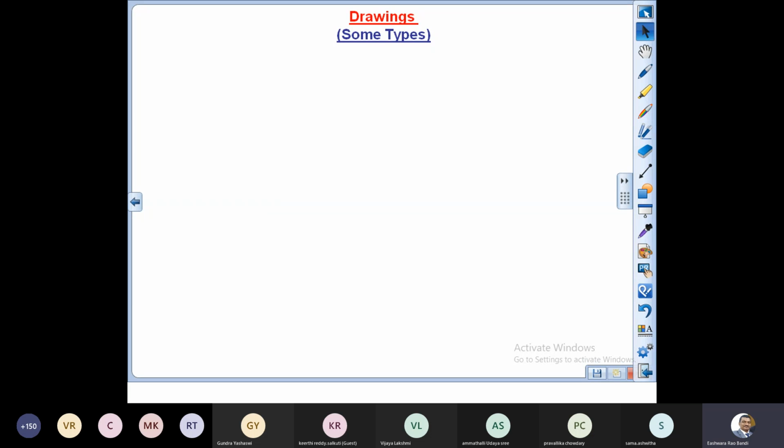I told you, two types. Just note that. In freehand drawing also, we will have different types, and in constraint drawing also, we'll have different types of drawing.